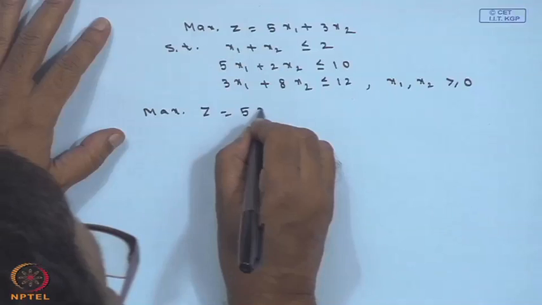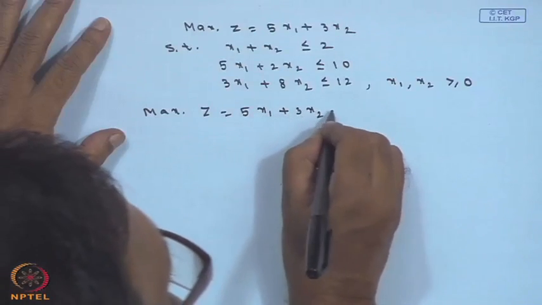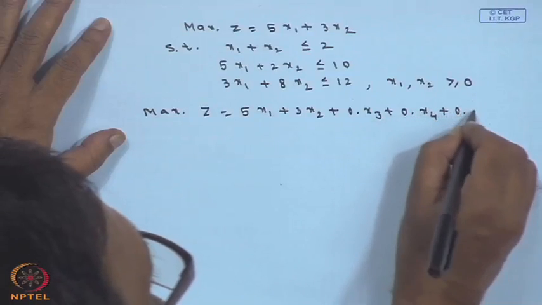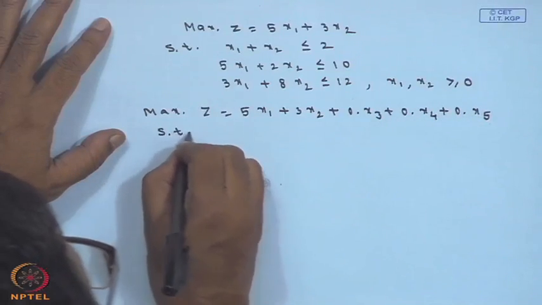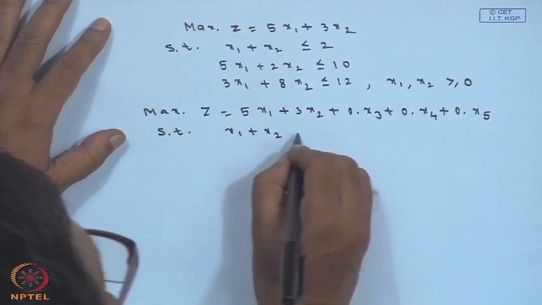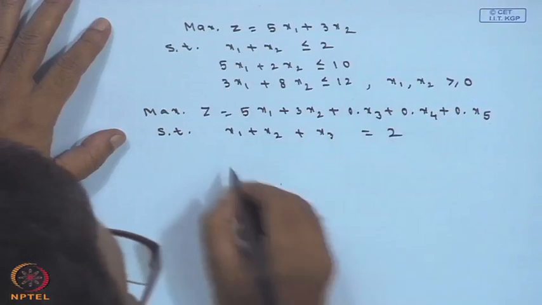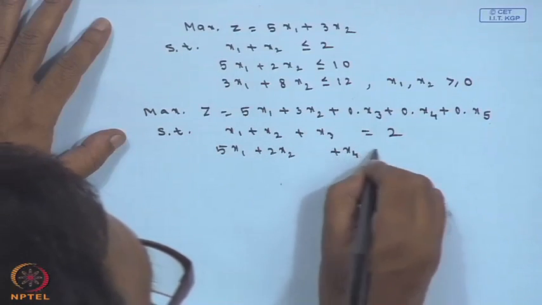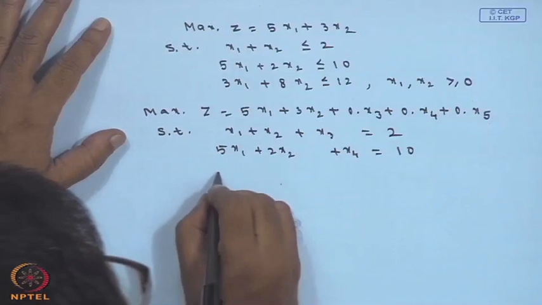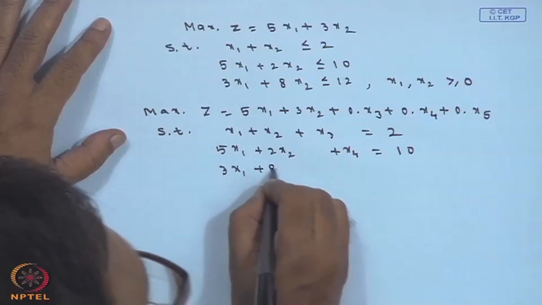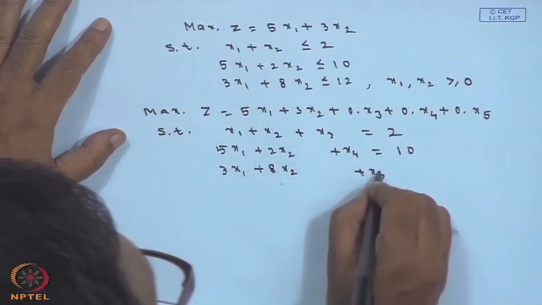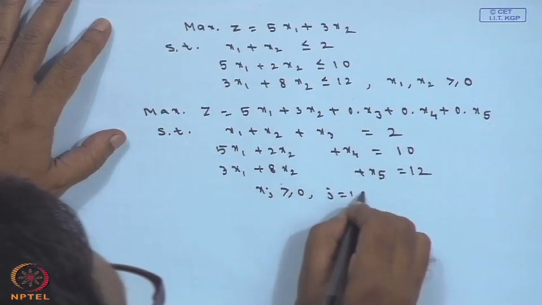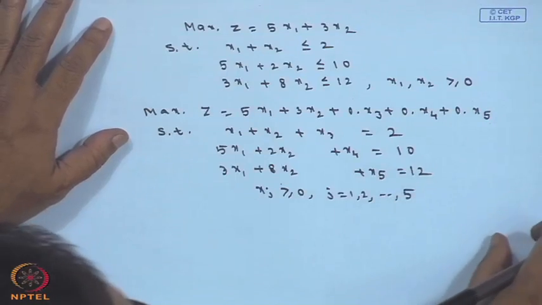Maximize z equals 5x1 plus 3x2 plus 0 into x3 plus 0 into x4 plus 0 into x5, subject to x1 plus x2 plus x3 equals 2, 5x1 plus 2x2 plus x4 equals 10, and 3x1 plus 8x2 plus x5 equals 12, and xj greater than or equal to 0, j is 1 to 5. In standard form, we are writing this.